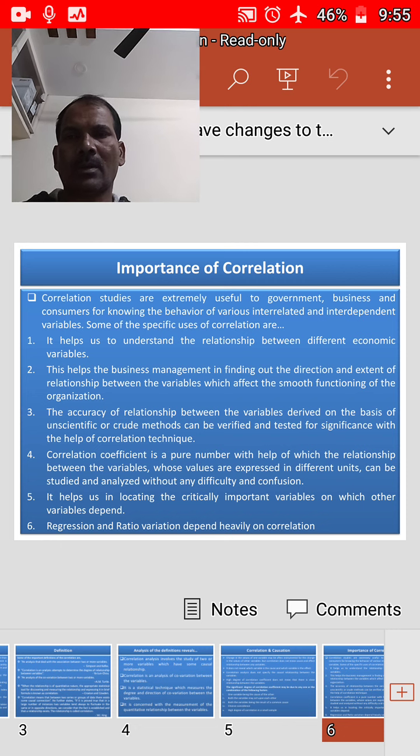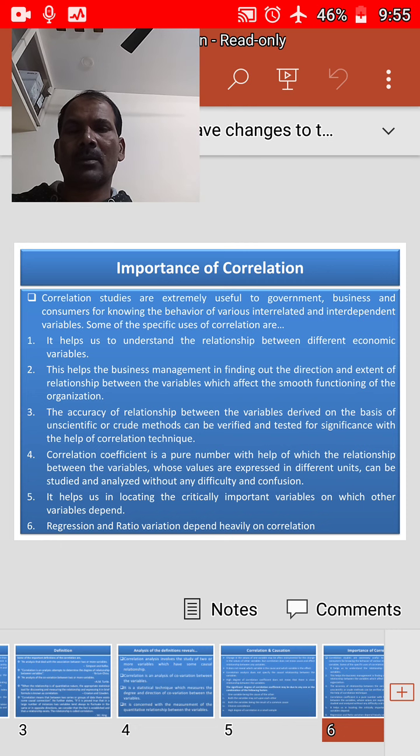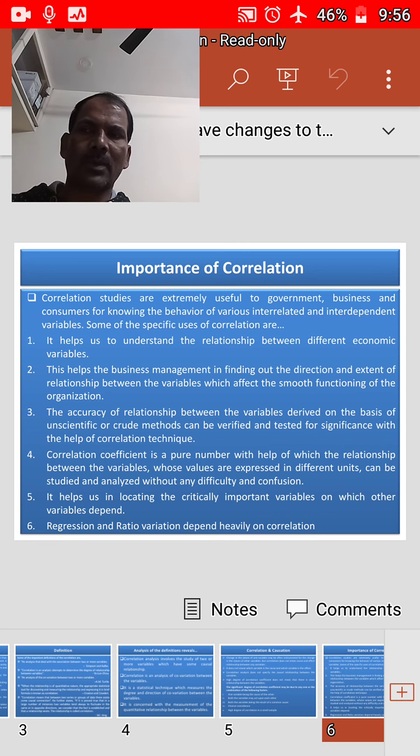In order to locate the independent variables, the disturbing forces can be identified and made neutral with the help of certain other stabilizing forces. If you know what is responsible for that happening, you may control it. In those cases also it is useful.